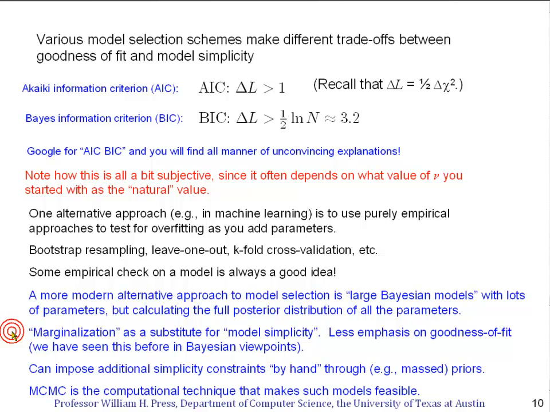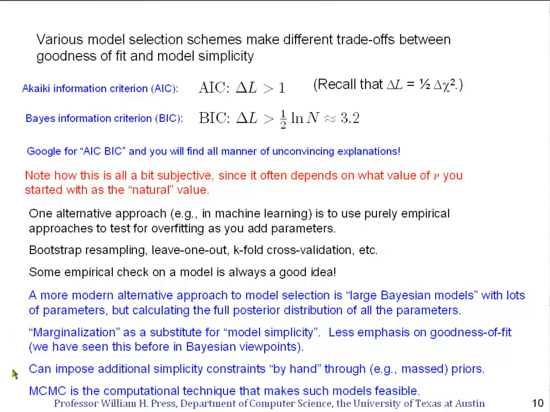And then we're going to just marginalize, in the usual Bayesian sense, over all of these parameters that are probably unnecessary that we don't care about anyway. So this Bayesian viewpoint simply puts less emphasis on goodness of fit and more emphasis on let's only ask the questions that we really want to ask about the parameters that we really think are important.